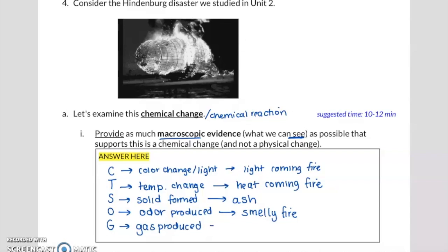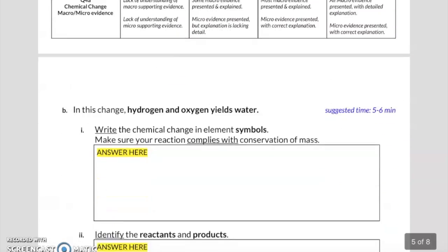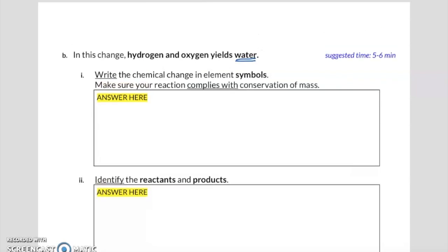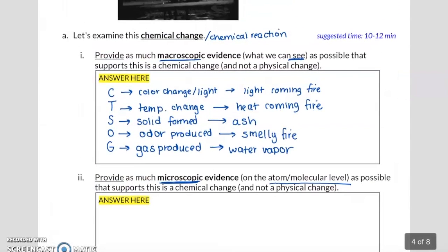Indeed, in this reaction, there was a gas being produced. That gas was water vapor. And if you forgot that, you actually could have scrolled down into Part B and realized that this reaction yields water. That water is water gas being released from this reaction.